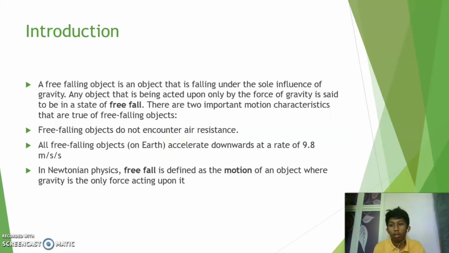Introduction. A free-falling object is an object that is falling under the sole influence of gravity. Any object that is being acted upon only by the force of gravity is said to be in a state of free fall. There are two important motion characteristics that are true of free-falling objects.